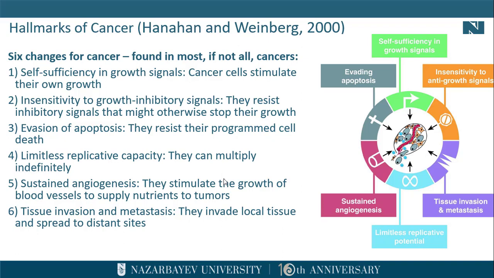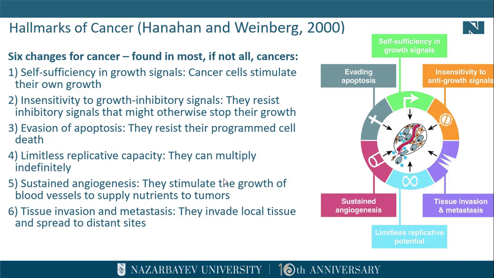However, in the case of cancer cells, there is absolutely no contact inhibition. There is no reaction to growth inhibitory signals that usually work very well for normal cells. So as you can see, when these signals are being ignored, the cell will just divide limitlessly and without any control. Third is evasion of apoptosis.